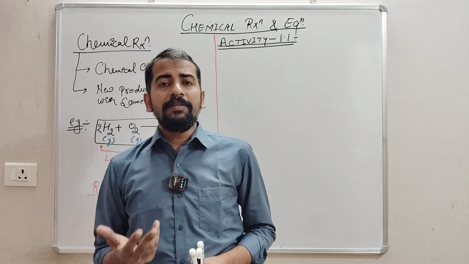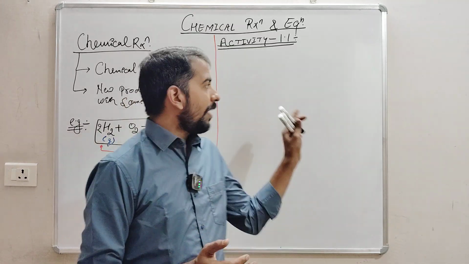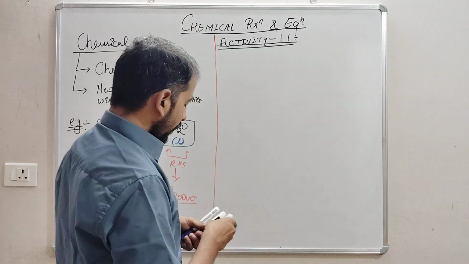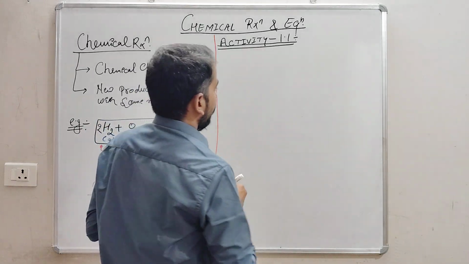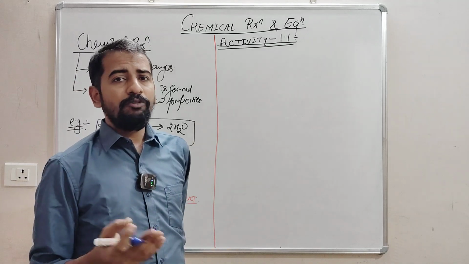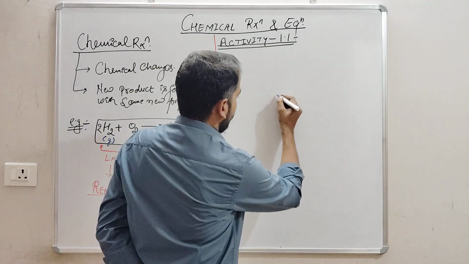So you will see some chemical changes. So that chemical changes I am going to explain here. In your NCERT book itself you can read, but only I am going to explain what they have said.